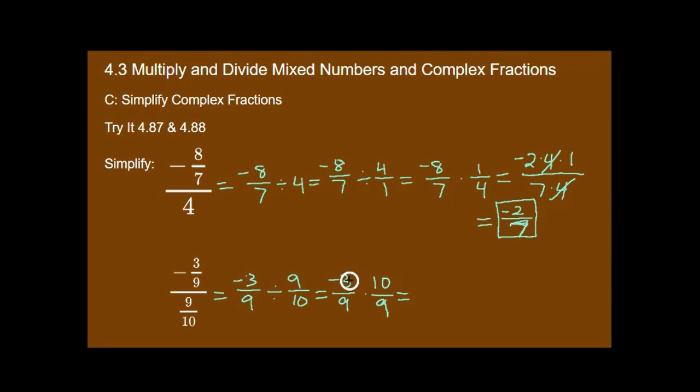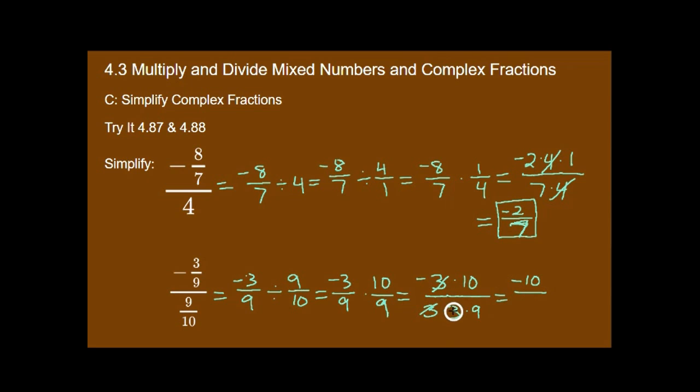I notice that I have 3 on the top and a 9 on the bottom. And I actually have two 9s I could work with. But let's go ahead and do negative 3 times 10. And then I'm just going to factor out one of these 9s. 3 times 3 times 9. Okay, and then the 3's cancel out, but remember the negative stays there. So I have negative 1 times 10, that's negative 10.